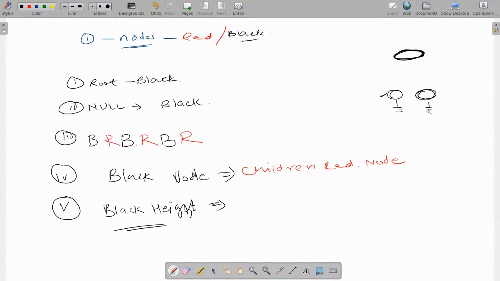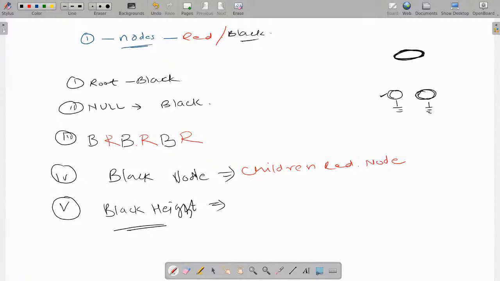So the general definition can be: the downward length is the number of black nodes in the downward path from a vertex V, or the node, to the leaf nodes. The number of real black nodes.